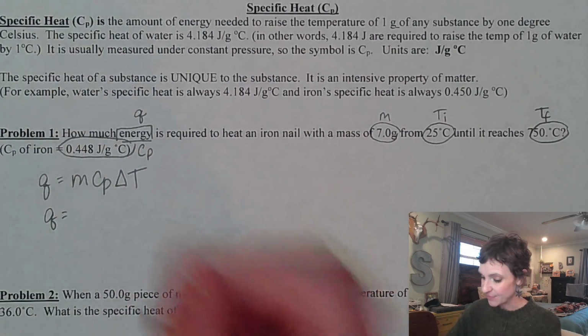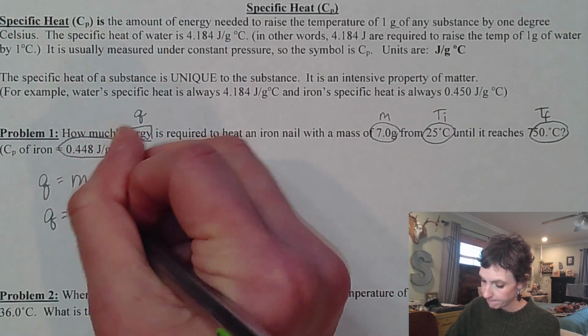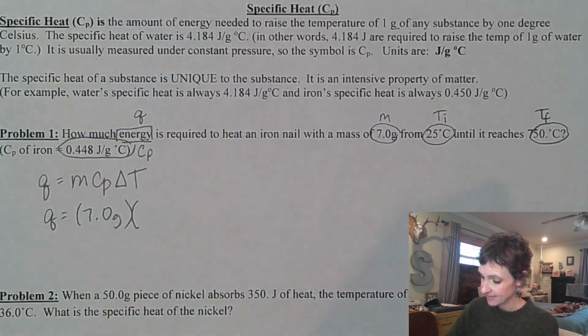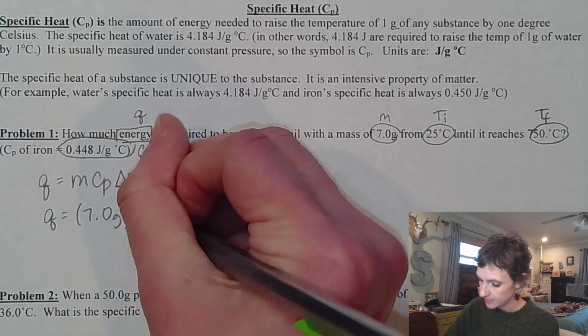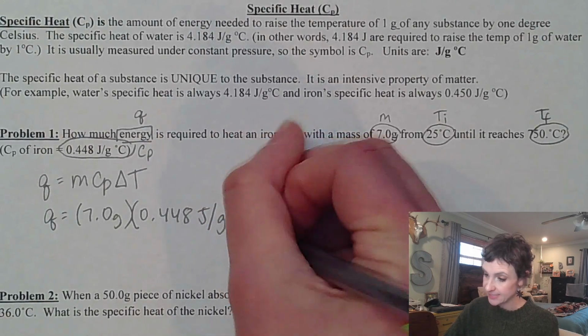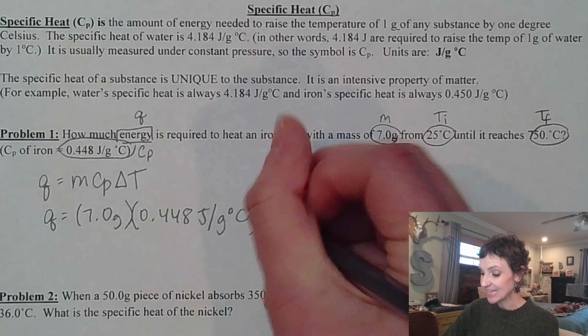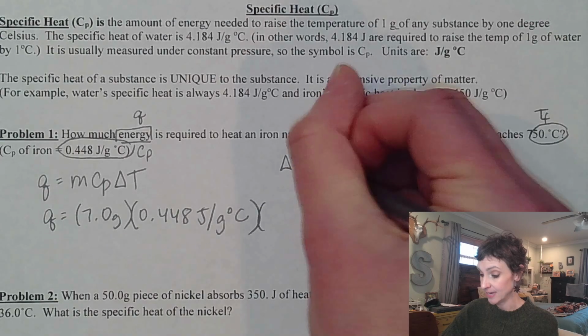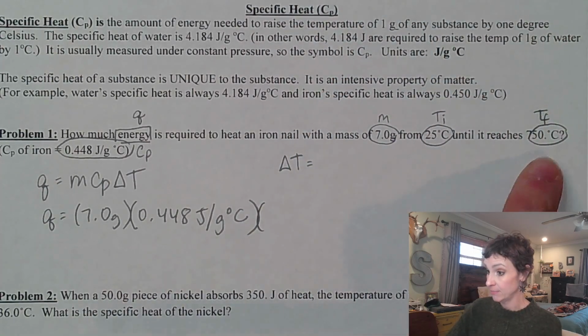So my mass is 7.0 grams, right, and my specific heat is, let's see, it was 0.448 joules per gram degrees Celsius, right? And then my delta T, you can either up here off to the top, delta T is equal to your final minus your initial.